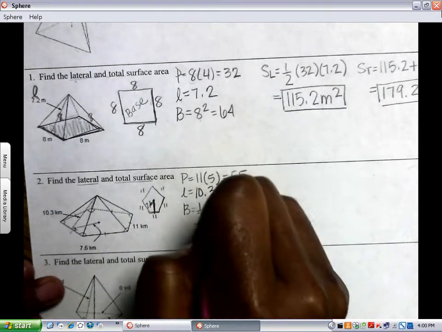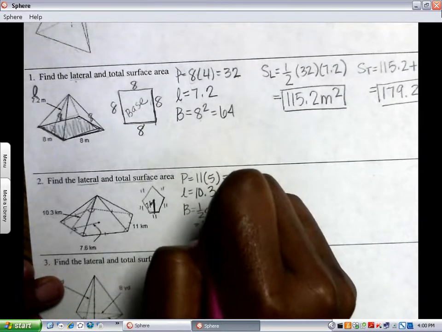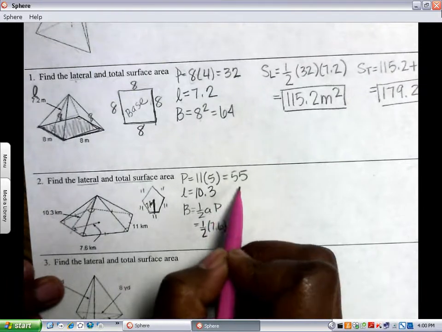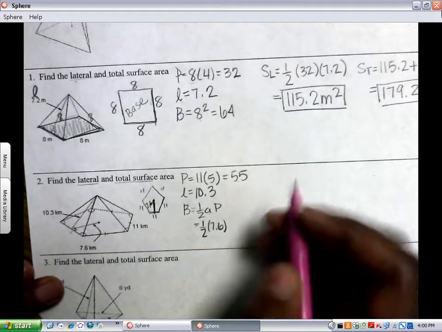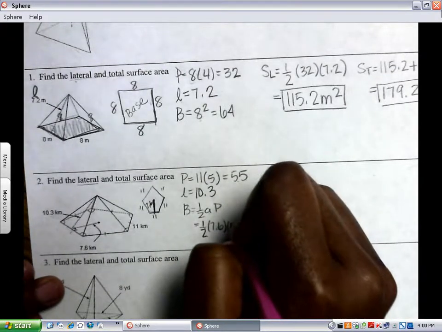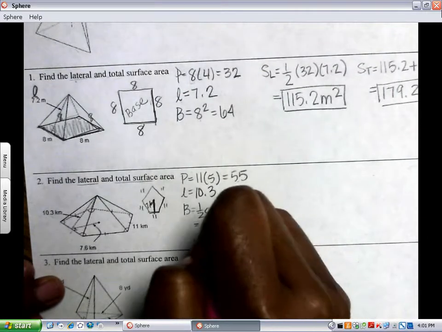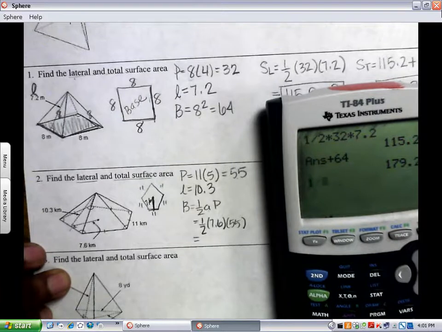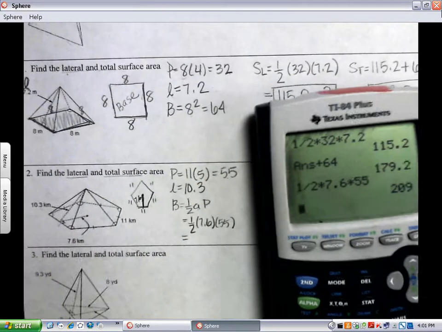So it's 7.6, and the perimeter is this 55, the first thing we found. So times 55, and we get, put it in your calculator, 1 divided by 2 times 7.6 times 55, and we get 209.